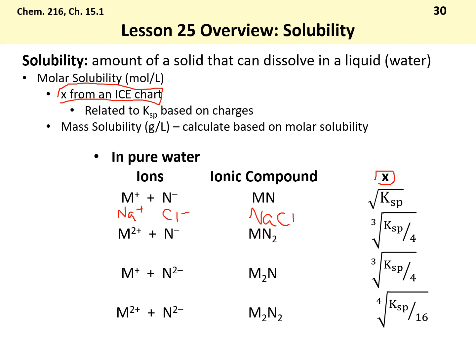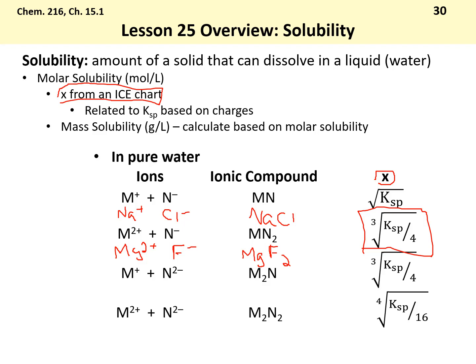If instead I had something that was 2 plus, like magnesium 2 plus, and something that was negative, let's say F minus, these would form MgF2, and we could do the ice table and we'd get the cube root of KSP over 4.